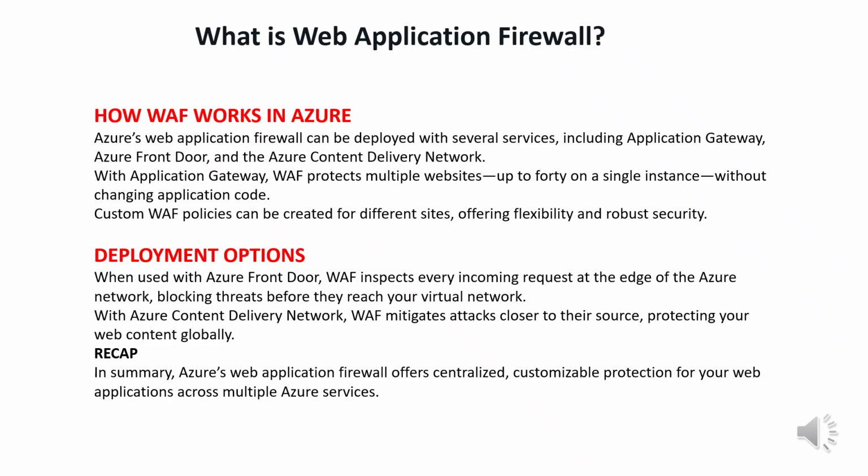When used with Azure Front Door, WAF inspects every incoming request at the edge of the Azure network, blocking threats before they reach your virtual network. With Azure Content Delivery Network, WAF mitigates attacks closer to their source, protecting your web content globally. In summary, Azure's Web Application Firewall offers centralized, customizable protection for your web applications across multiple Azure services.